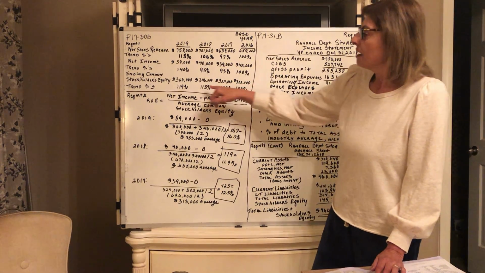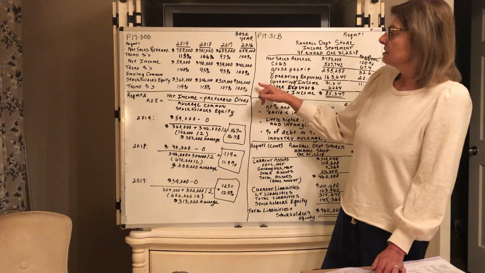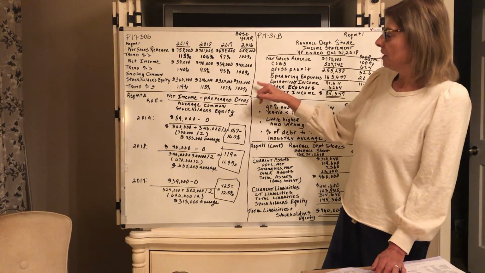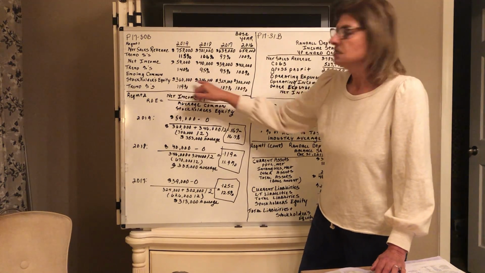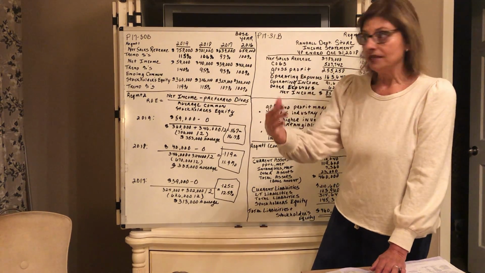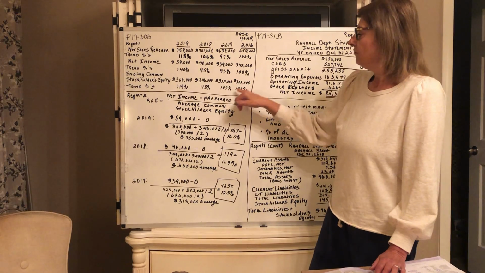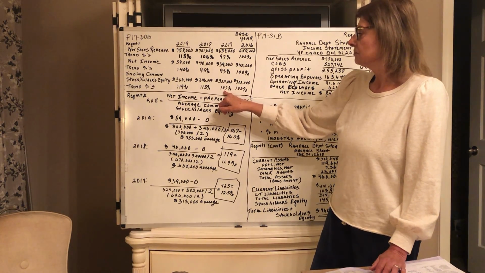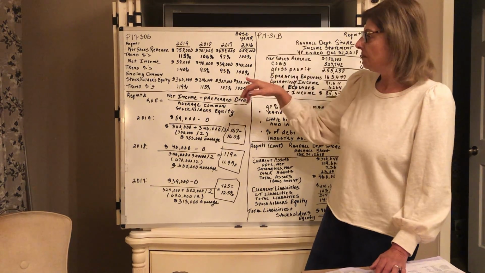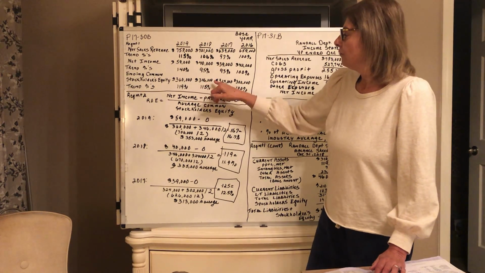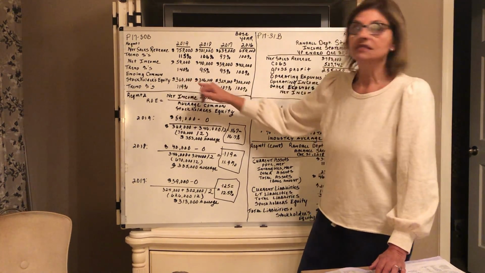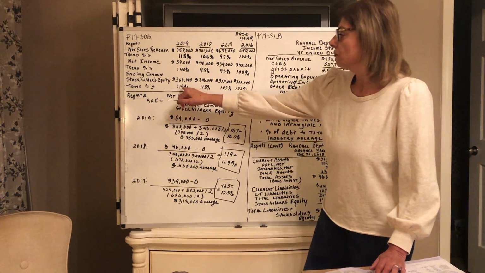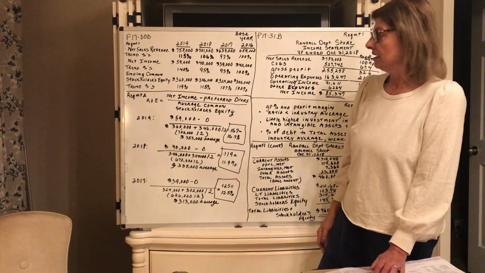Then the last one, common stockholders' equity, started in 2016 at 302. That's going to be our denominator. Here are our numerators for the 3 years in the trend. 324, we got 107%. They're all above the base year. 346 over 302 is 115%, and then 360 in 2019 is 119% of the base year.